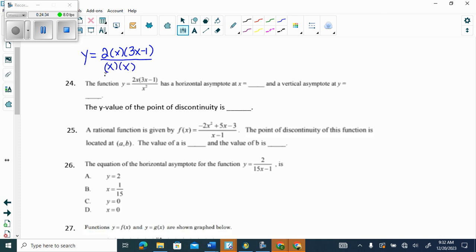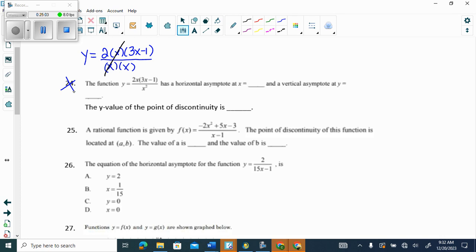And these would cancel. And then you get a point discontinuity at 0 and whatever. But ignore that. I wanted you guys to have this one to know that x squared is just x times x and they could cancel. That's all I really wanted you to do.